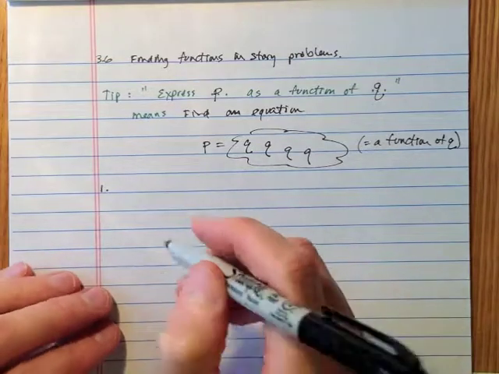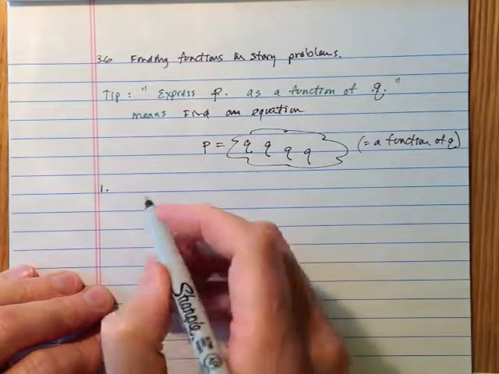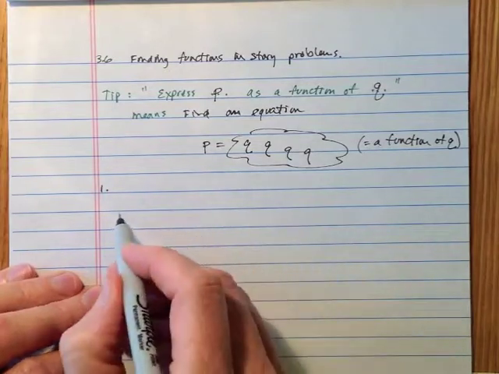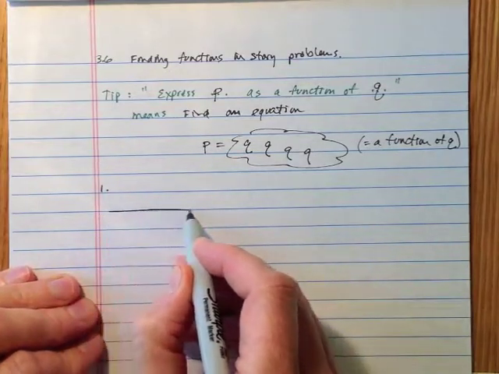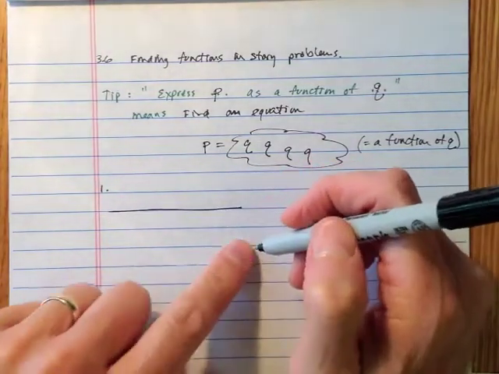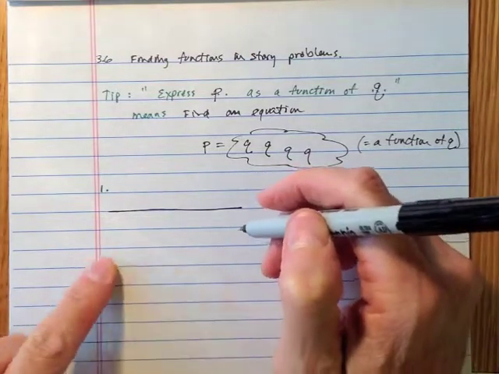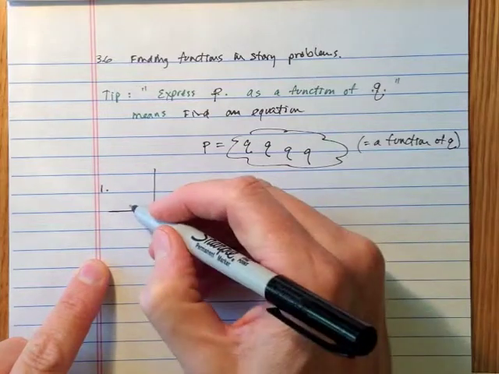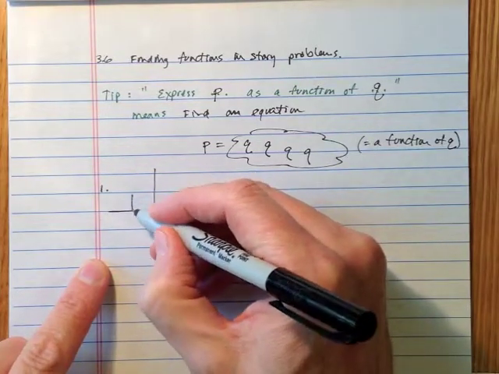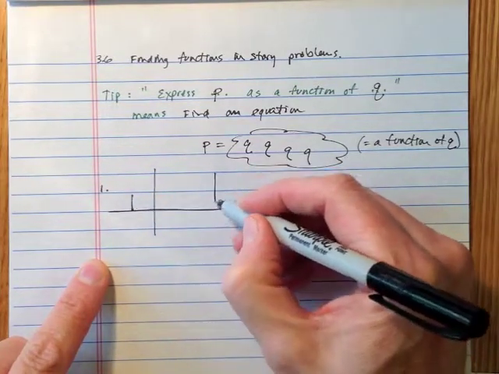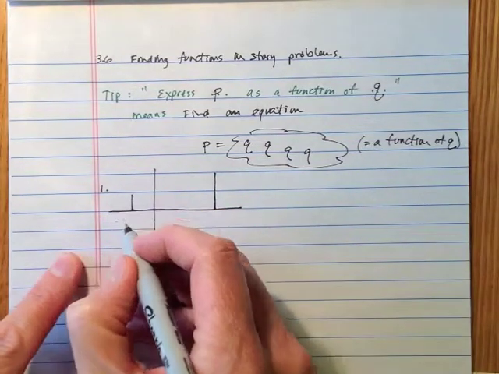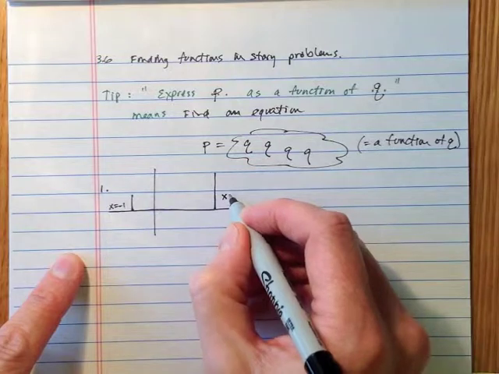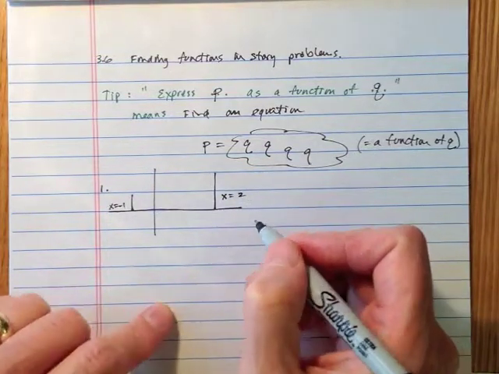So I'm going to set up the story problem here. Let's say I've got a trapezoid. A trapezoid is a four-sided figure with two sides that are parallel. Let's say the base of the trapezoid is along the x-axis, and it's got two vertical sides: a little vertical line segment at x equals -1, and one at x equals +2.